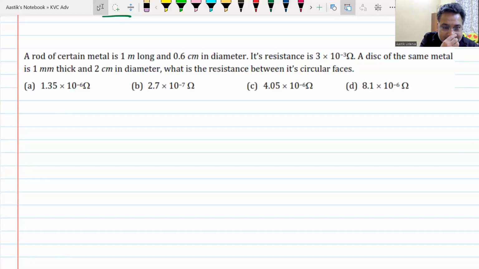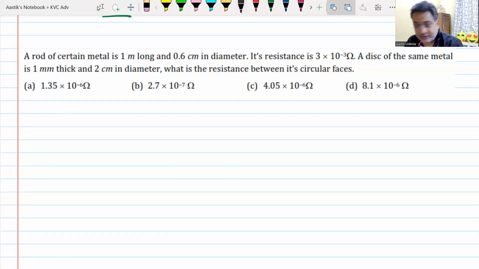Option A. The answer that I have does not have option A as the option. Okay. So I need to do the needful.